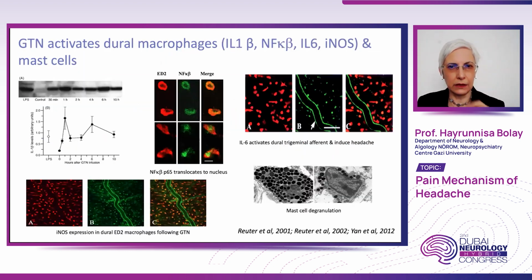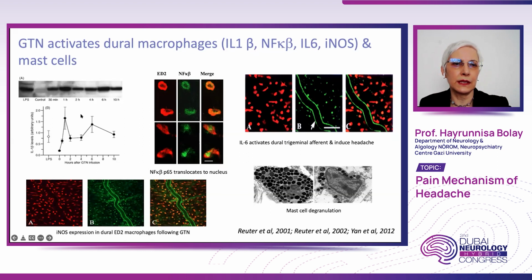In the periphery, in the dura mater, GTN activates dural macrophages. Here is the IL-1β expression within half an hour and maximum at 1 hour.